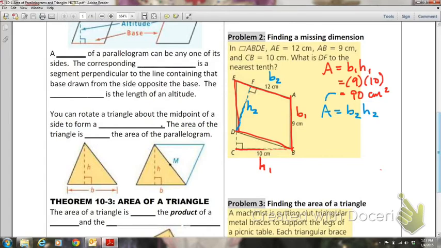So we substitute 90 for the area, put in 12 for base 2, and the height we're looking for, height 2, is the DF we're trying to find. If you divide both sides by 12, then DF is going to equal 7.5 centimeters.